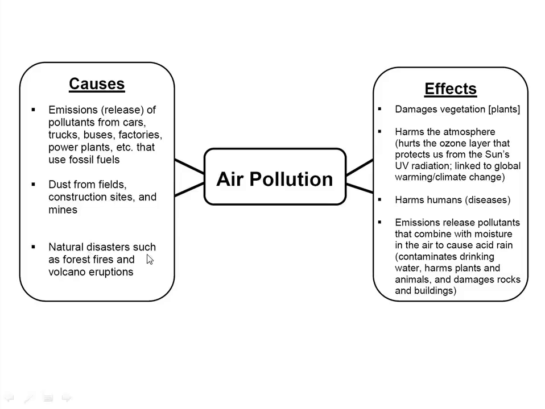Then natural disasters such as forest fires and volcanic eruptions also contribute to air pollution. What effects does this pollution have on us, the environment and the earth? They damage vegetation and plants, and harm the atmosphere, as they deplete the ozone layer in the stratosphere.